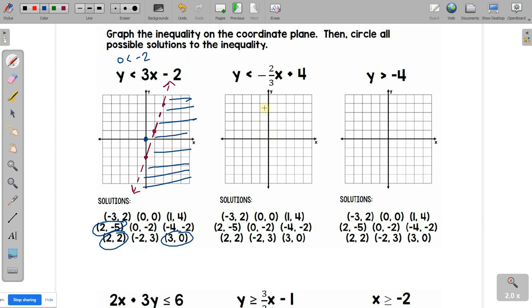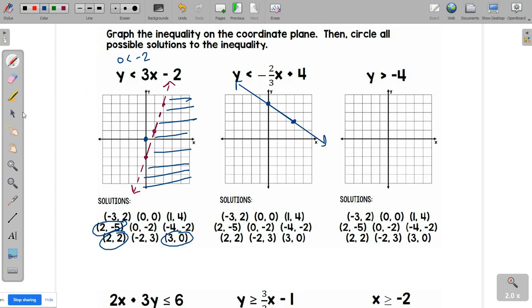Okay, let's look at the next one. We have a y-intercept at +4. We have a slope of -2/3. So go down 2 to the right 3. Draw your line. And determine if your line is going to be solid or dashed.